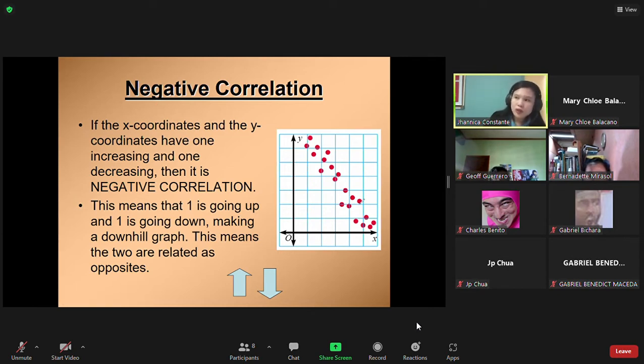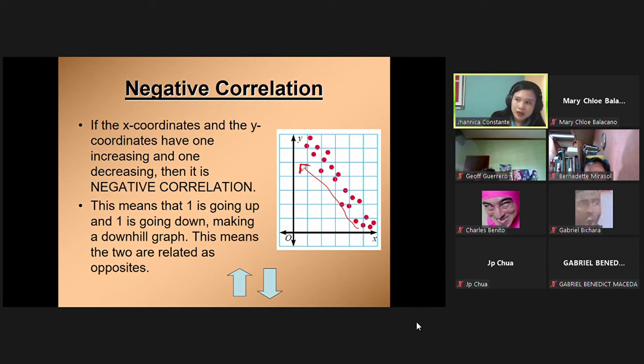If you look at the direction of the dots that you have in the graph, it's going from right to left. That's the direction of the dots when the data or the coordinates that you have are a negative correlation.